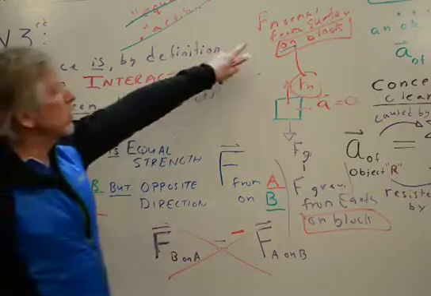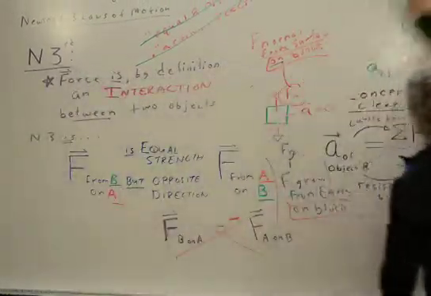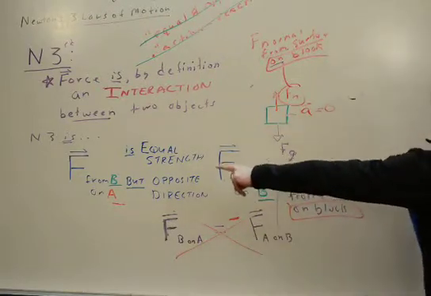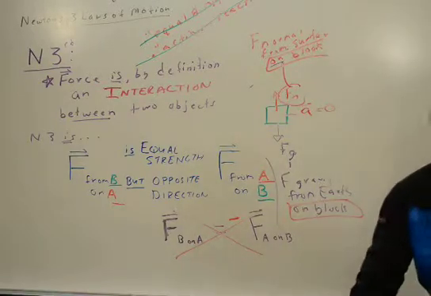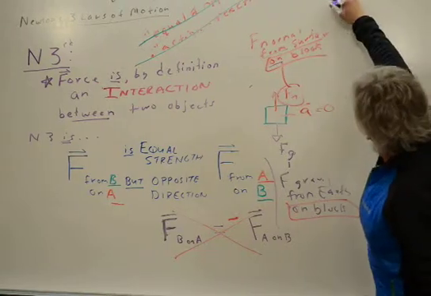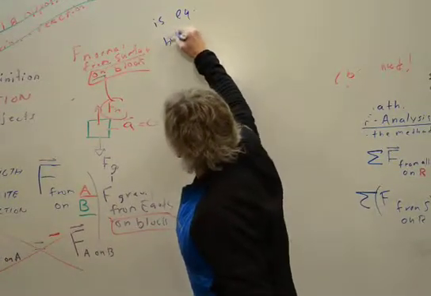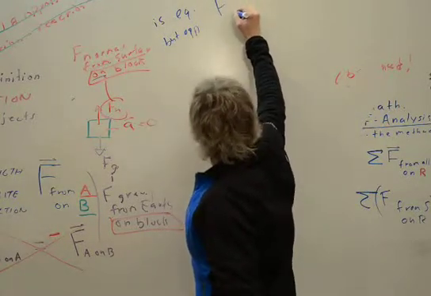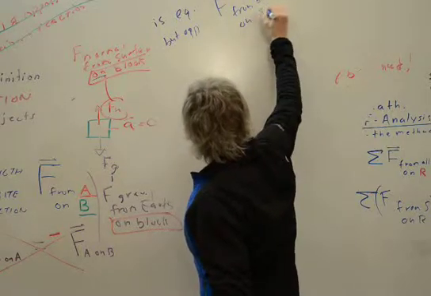And so what would Newton's third law be here? If you use that formula and go slow and careful, being wary, you can get it. And if you get this, you pretty much are going to be there. Newton's third law is equal strength, but opposite direction to the force from the block on the surface.